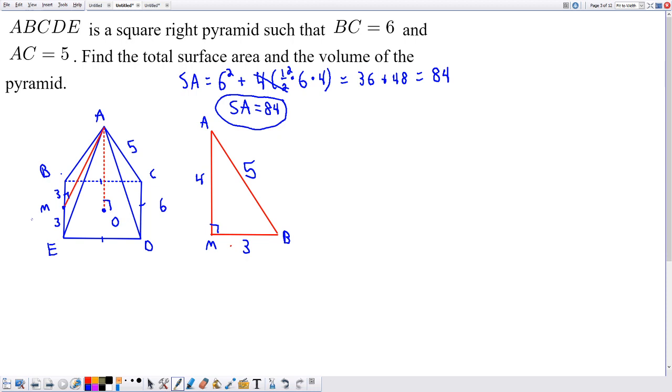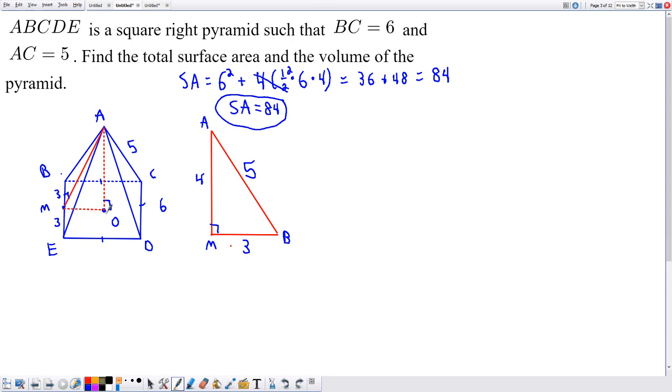Now, how can we possibly find what this height is, AO? Well, let's just make another triangle out of this problem. We have the slant height, which is a good candidate, so why not just connect the center with the middle of the side as such?